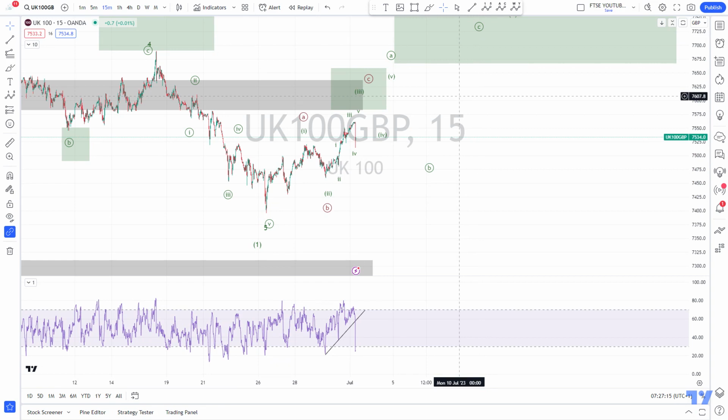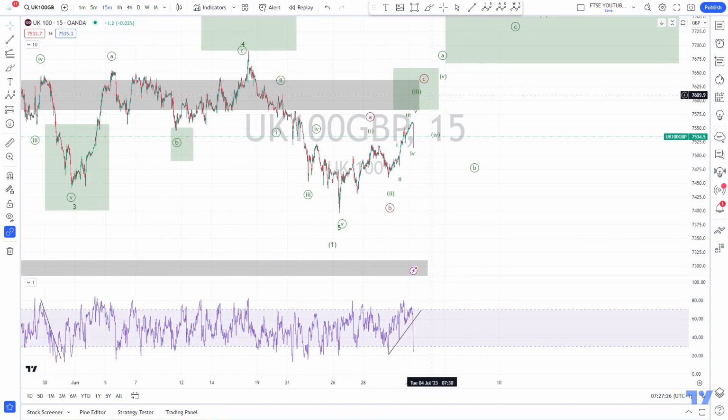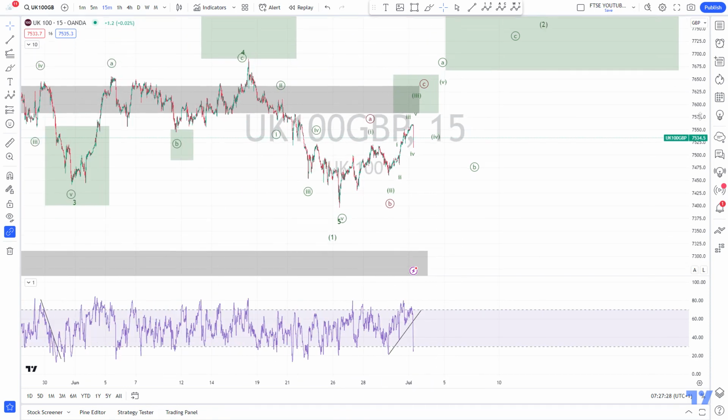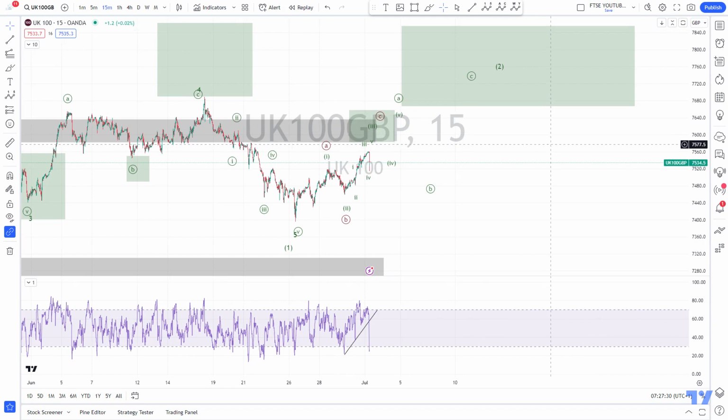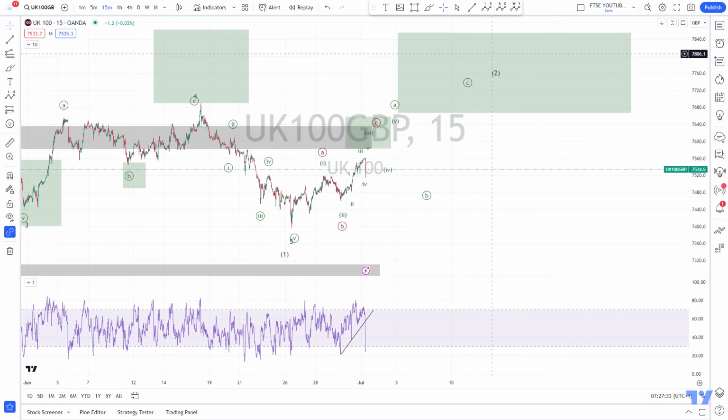So if you now want to short the FTSE, I think it's a good idea to try this area, but please be aware that the actual area to go short might also be here in the case of a bigger ABC. So there is a possibility that we have to try to short the FTSE in 2 times.